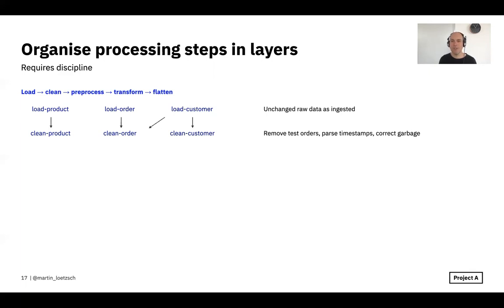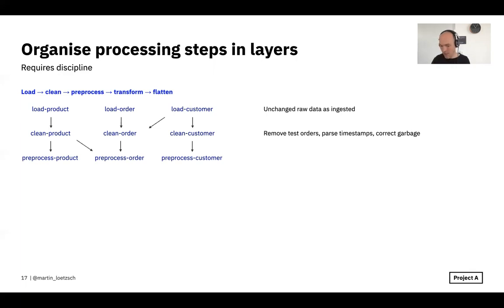You create a new table that has the cleaned version, right? So you never change previous stuff. But you might join, right? So for example, if you want to remove the orders of test customers, then you have to already look at the customer, right? So that's what this arrow here means. Okay. Yeah. Thank you.